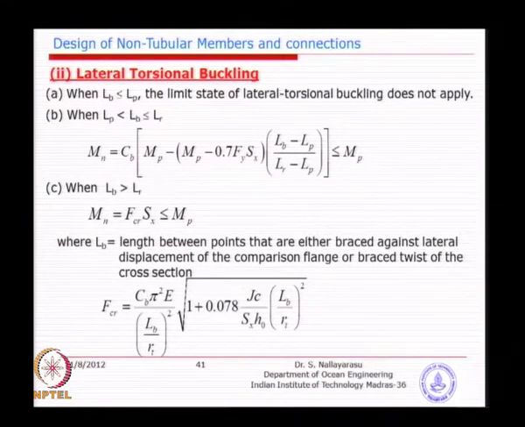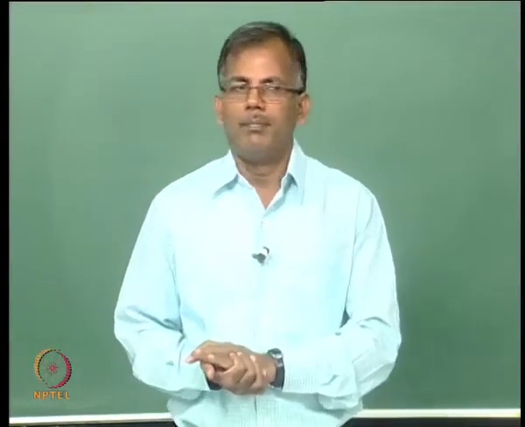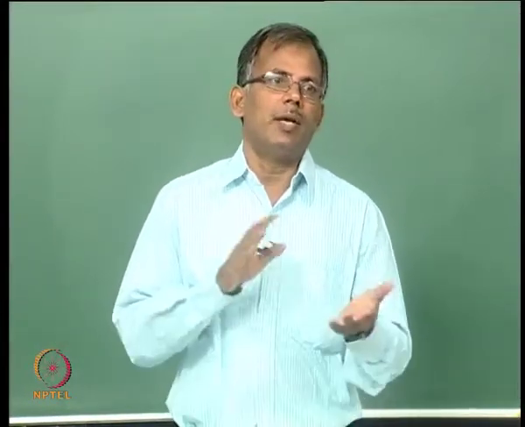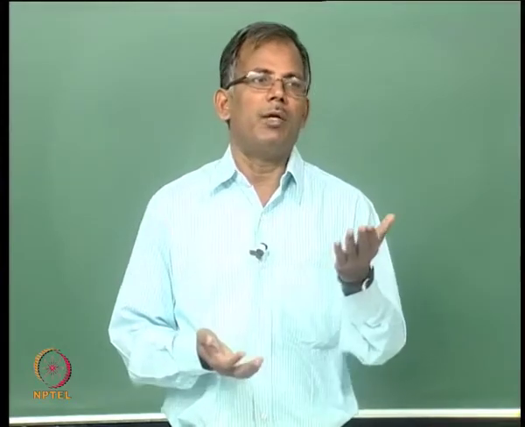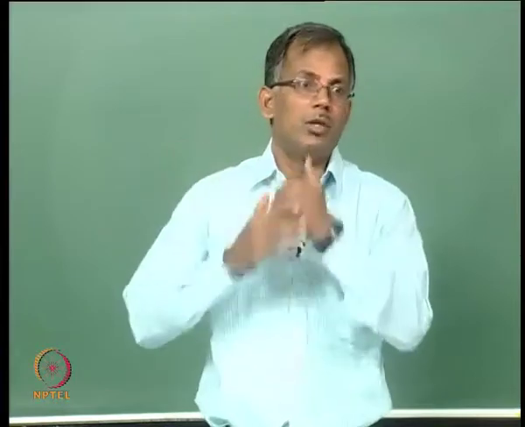You will see that for I sections, I think we remember the ratio of plastic to elastic, somewhere around 1.2 to 1.3 or 1.15 depending on the section. So, another 10 to 20% reduction.